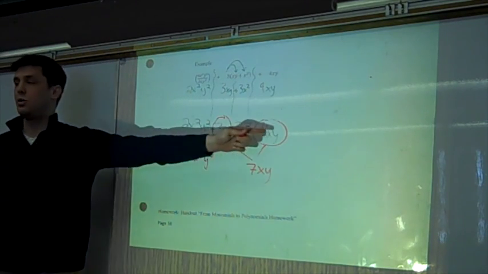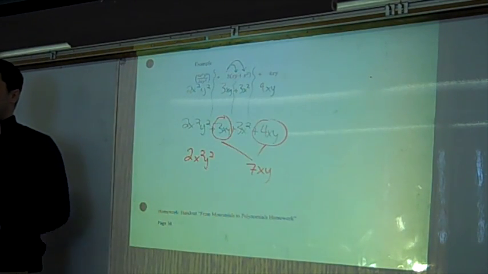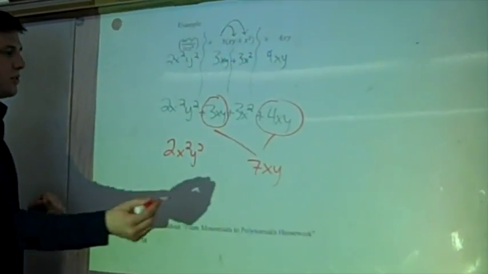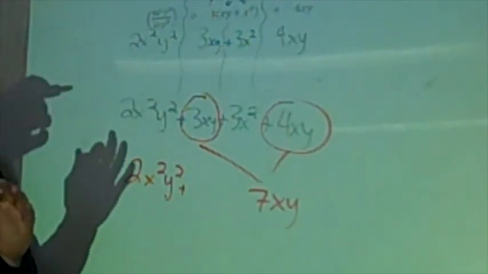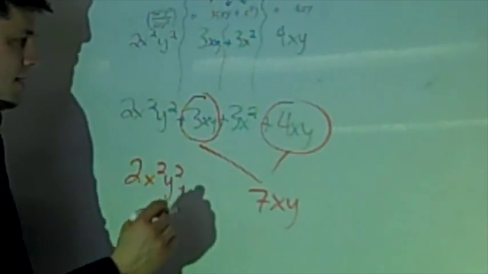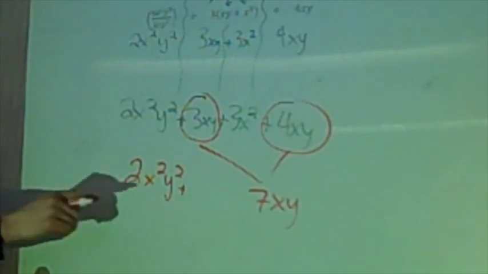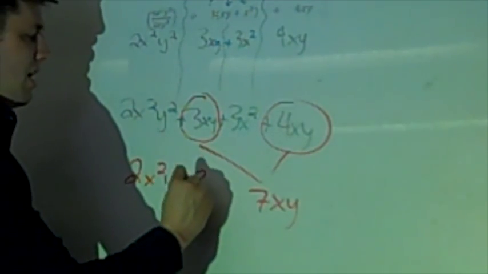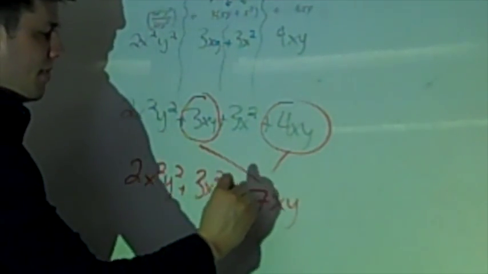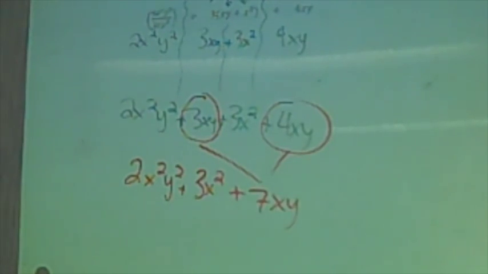No other term here has x squared y squared. That's the only one with x squared, y squared. And then 3x squared is the only one with x squared alone. This one has an x squared, but it's not alone. For this one, it is by itself. So that is your final answer.